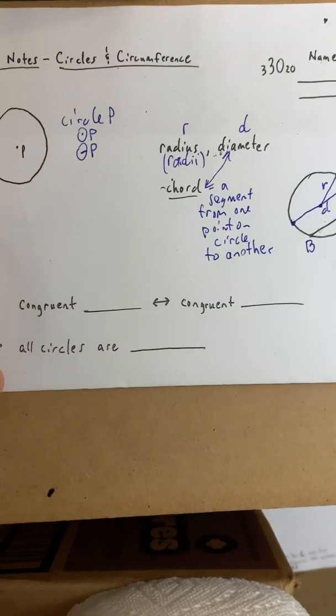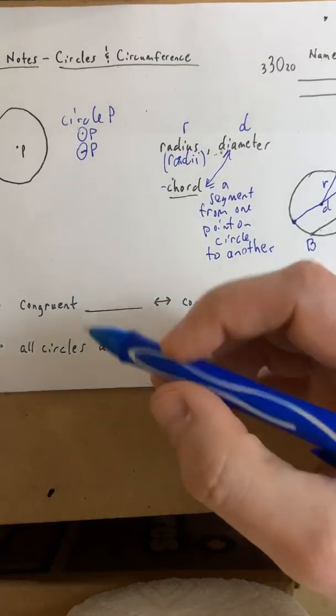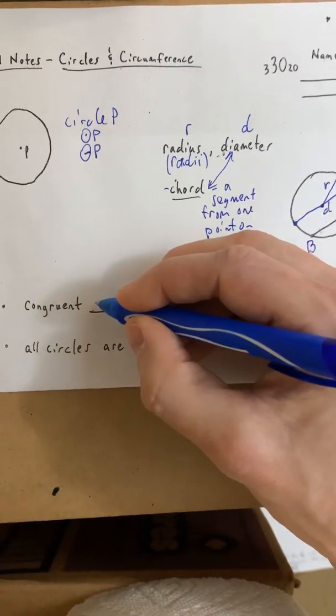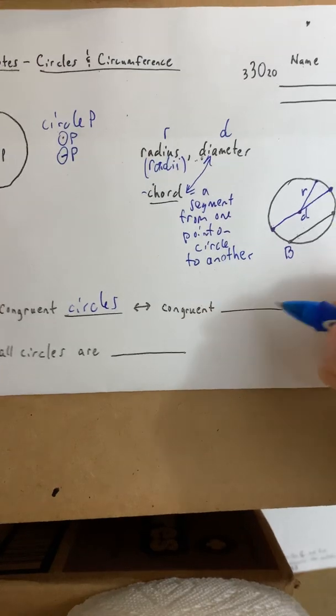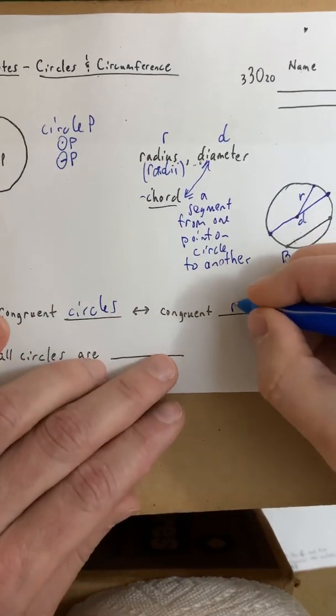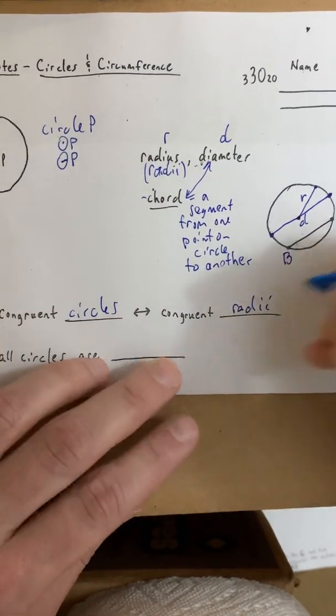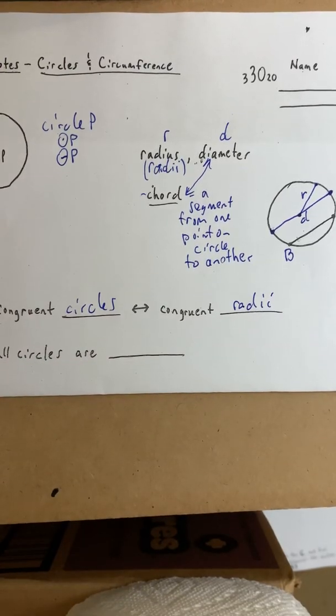Okay, a couple other properties about circles. If you have circles that are congruent, that means that the radii are also congruent. So congruent circles means that each radius, or the radii, are congruent, they're the same length, as well as the diameters.